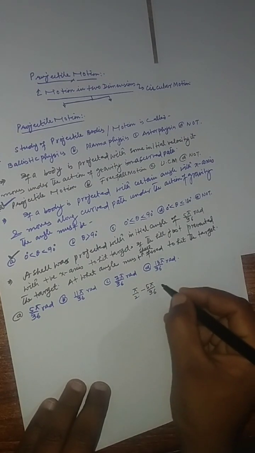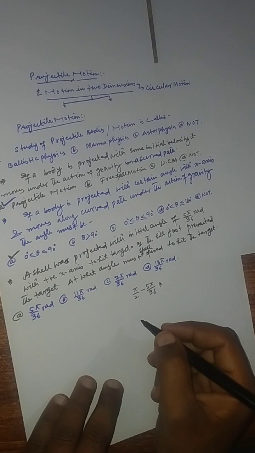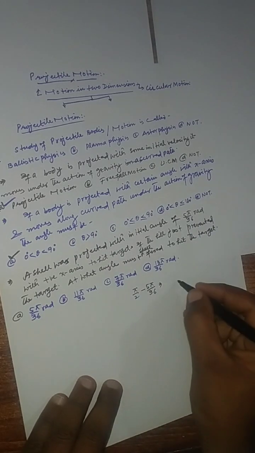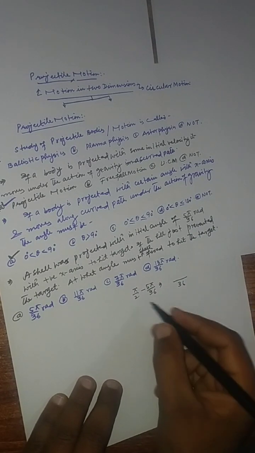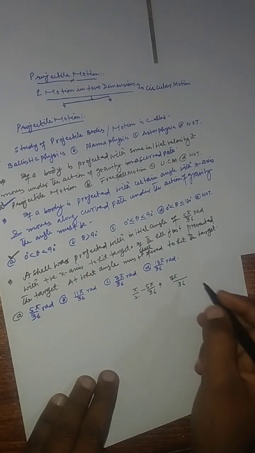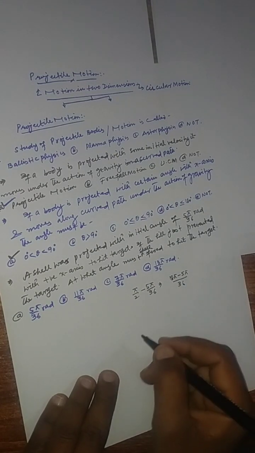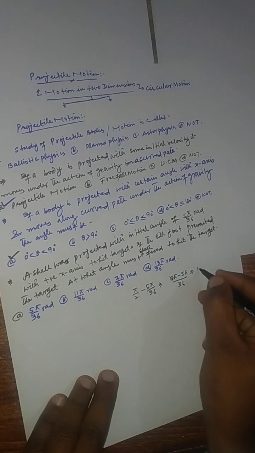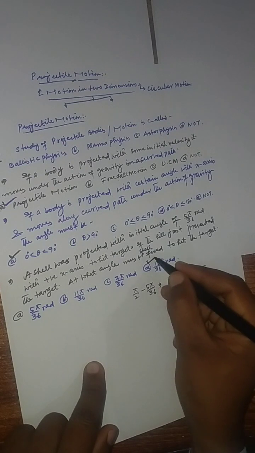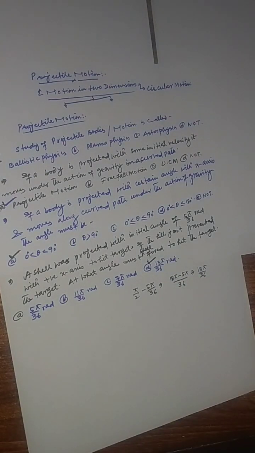Then what we get: this is 36, so 18 pi minus 5 pi, and we get 13 pi by 36. The correct answer is 13 pi over 36. To hit the target, the shooter must fire the shell at an angle of 13 pi over 36.